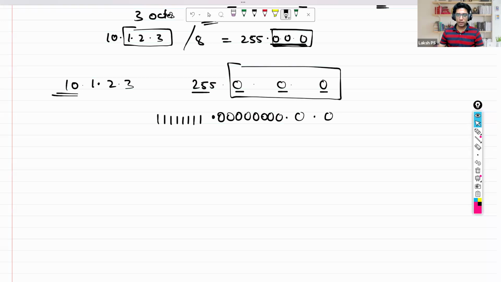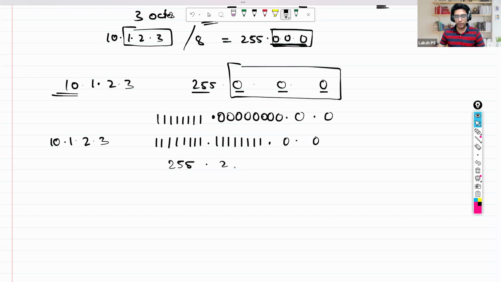Giving away a subset of the bigger host part to someone else, I convert these zeros into ones as well: 1, 2, 3, 4, 5, 6, 7, 8. So instead of 255.0.0.0, the address mask now becomes 255.255.0.0.